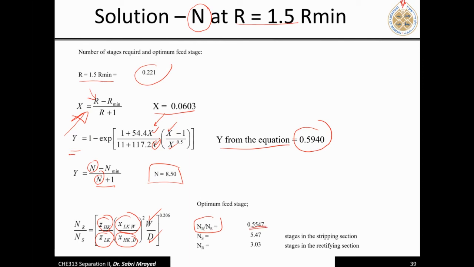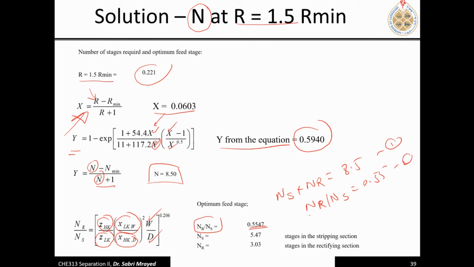So now I have NR over NS is equal to 0.5, and I know NS plus NR is equal to 8.5. So I have equation 1 and equation 2. You can solve them simultaneously.